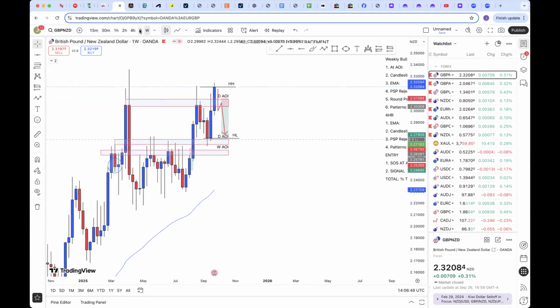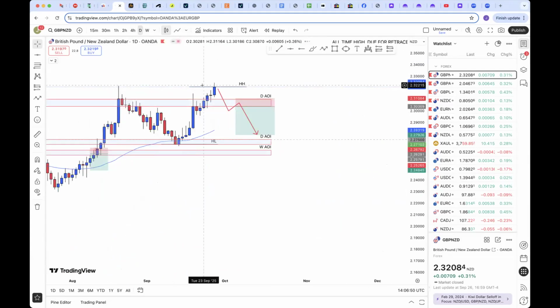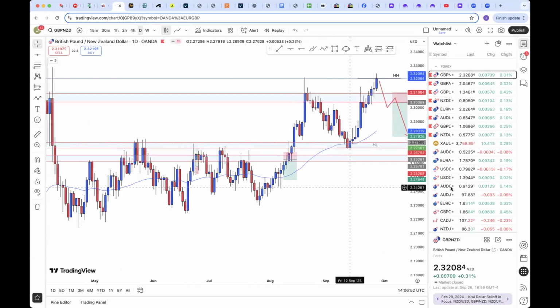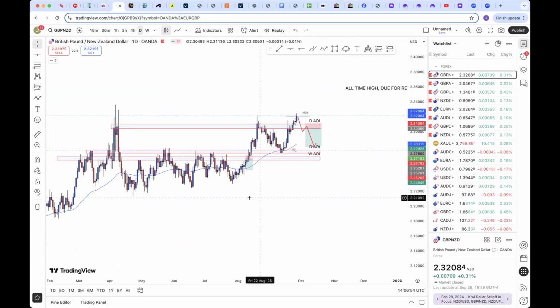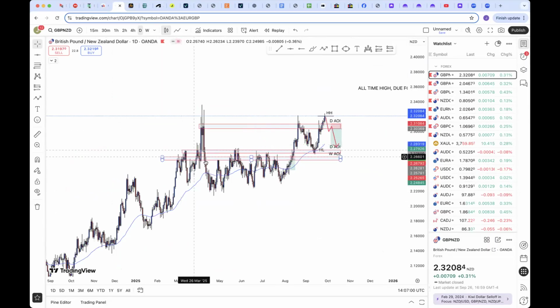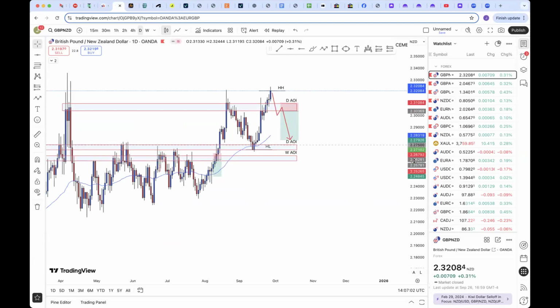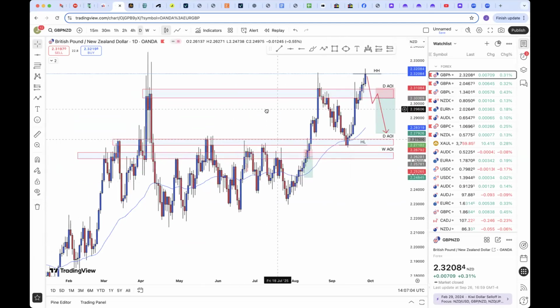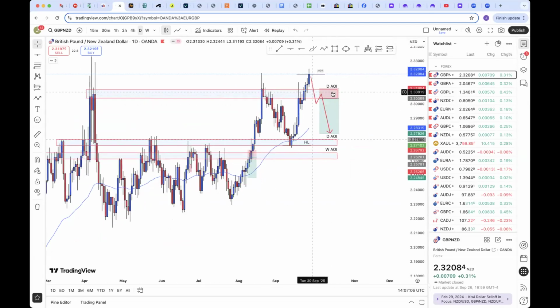The weekly is bullish, the daily is bullish. I have my daily AOI. I don't know if you guys have that same pair. I have one, two, three touches. And then I'm just waiting to break through this area of interest, retest to then sell.